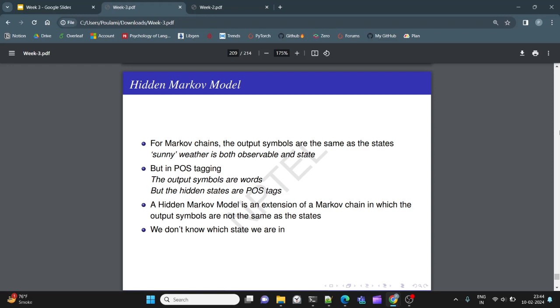An example where we use hidden Markov model is POS tagging. In POS tagging, what are the output symbols, what is observable to everyone? That is the words. And here the hidden states would be the POS tags, which are emitting or generating the words. So this is a distinction. In normal Markov models, we only have the output symbols, which are themselves the states, so there's no separate distinction between hidden states and output symbols, but the distinction exists in the case of hidden Markov model.